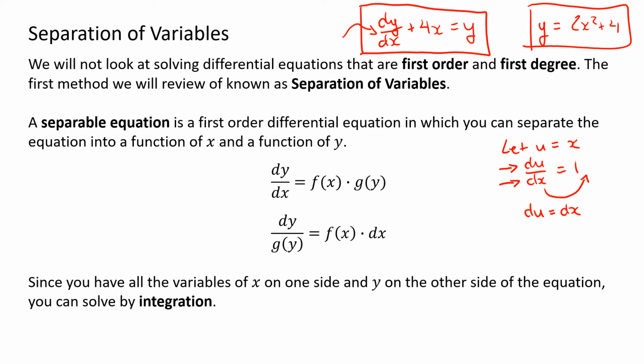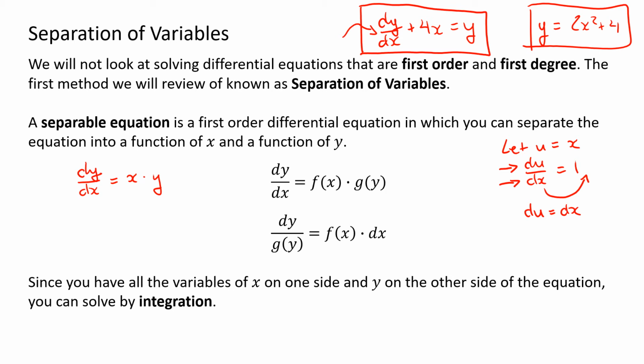We're going to use that very same principle here in order to solve differential equations using separation of variables. So looking at this as a general term, if we have the derivative of a function, dy by dx, and it's equal to some function of x times some function of y, an example of this would be if you had dy by dx is simply equal to x times y.